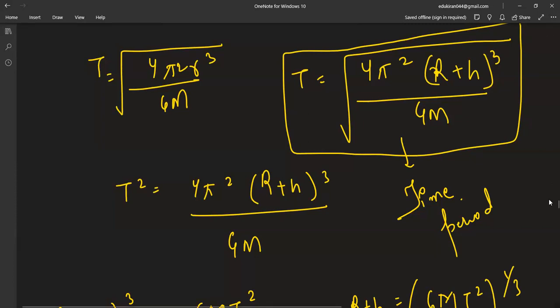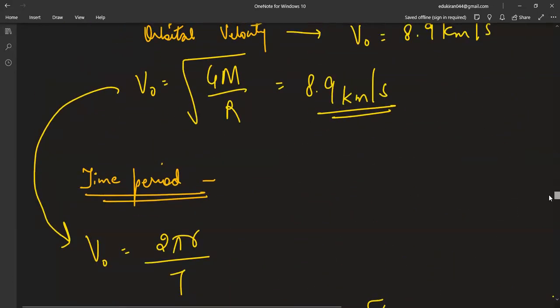Potential energy and kinetic energy also let us discuss, but first write it down, then we discuss.